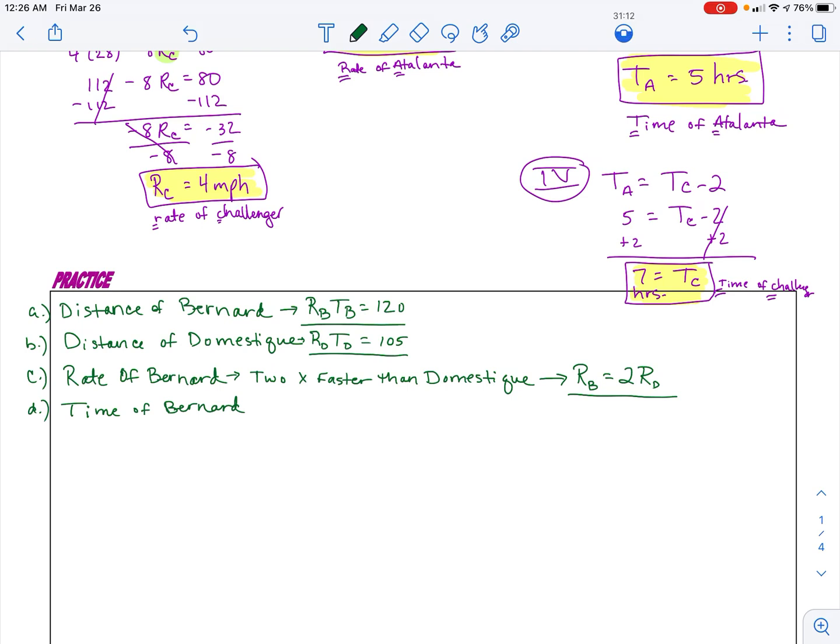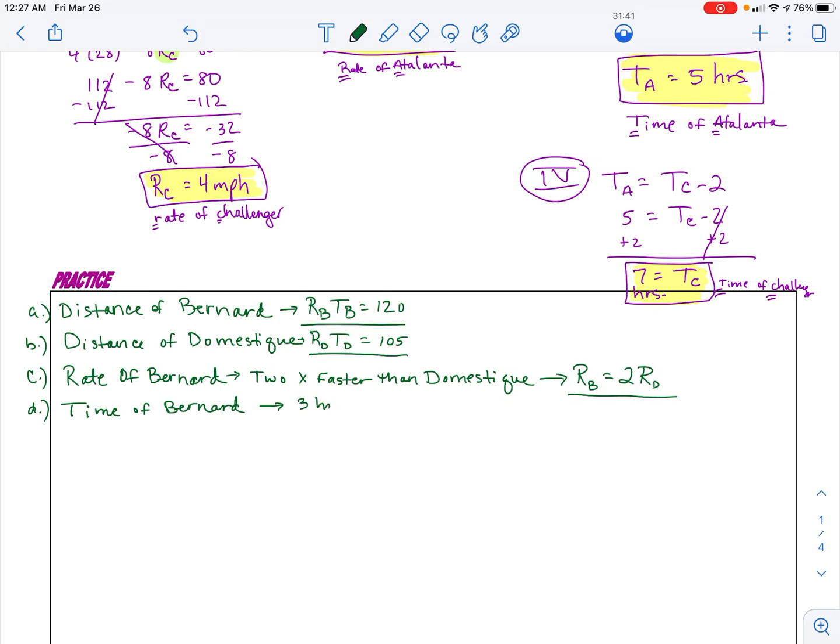And finally, the time of Bernard. Well, actually, we're going to write this out as well. So let's read this again. Let's find this in the problem. For this reason, he, which is Bernard, raced 120 miles in 3 hours less than it took domestique.